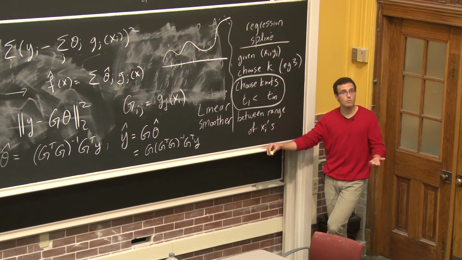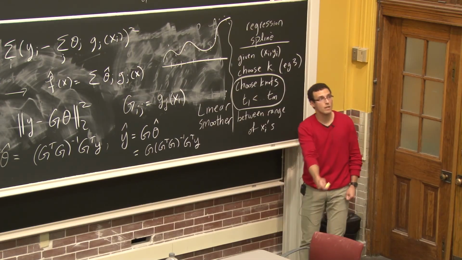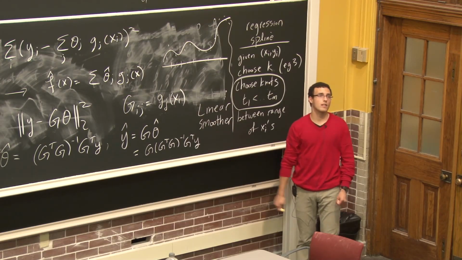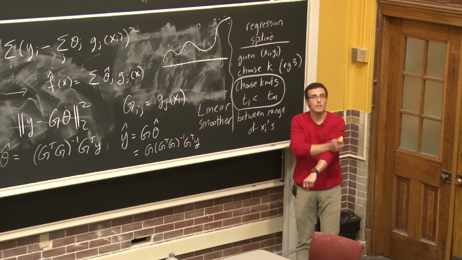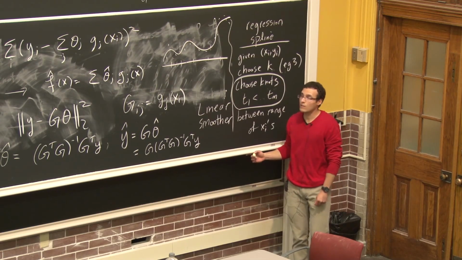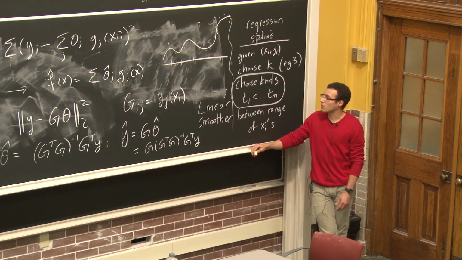They had all sorts of greedy selection procedures, like I'll pick a knot somewhere that looks the best, and I'll pick another knot that looks second best, and I'll keep fitting the spline and adding more knots as I think I need them. These things were popular for a while, but they're still kind of heuristic. We don't really know if they work well in full generality.